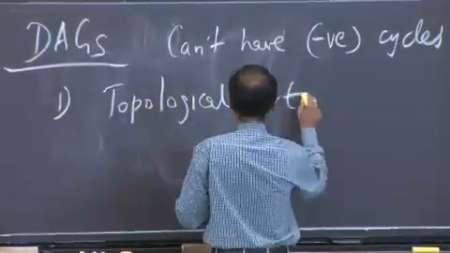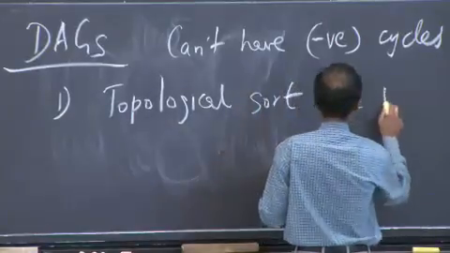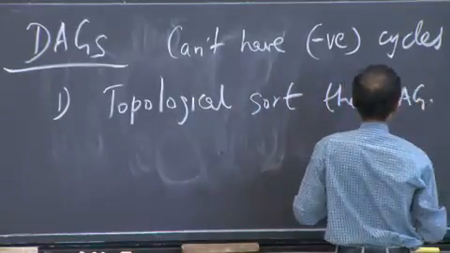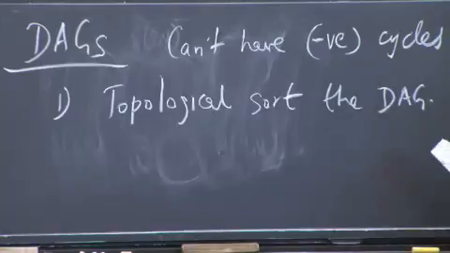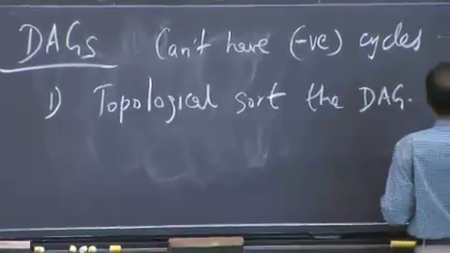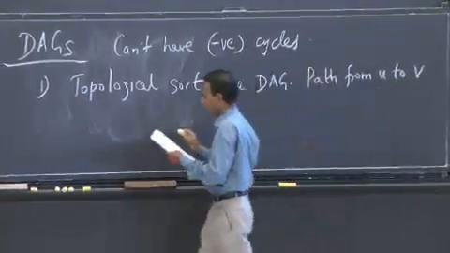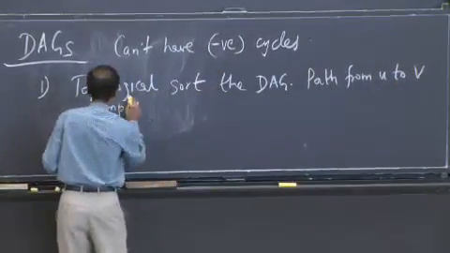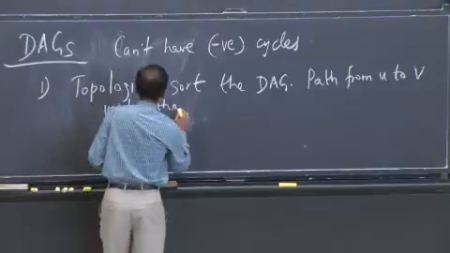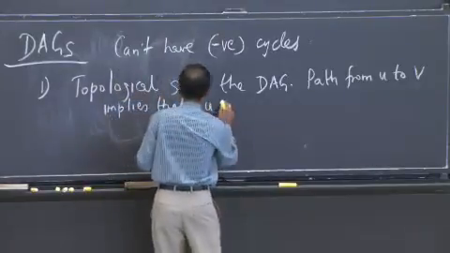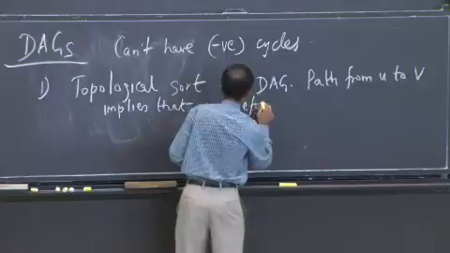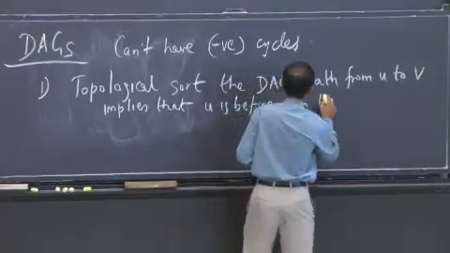To do shortest paths, we're going to topologically sort the DAG. And a path from U to V implies that U is before V in the ordering.